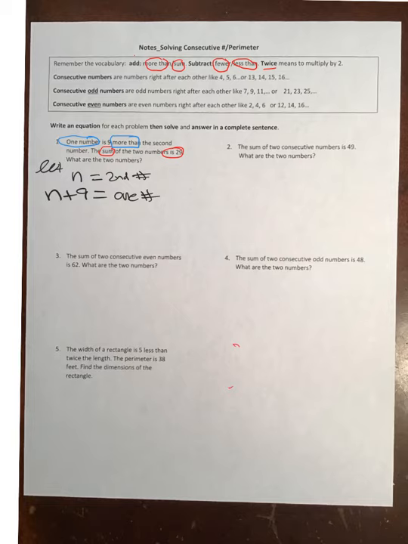Let's pretend the first number is 7. Wouldn't 7 plus 9 make 16? And isn't the first number 9 more than the second number? That's what they mean. And when you add 7 plus 16, do you get 29? No, you don't. So obviously we don't have the right answer.